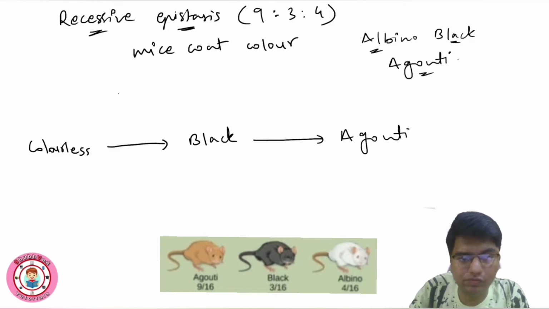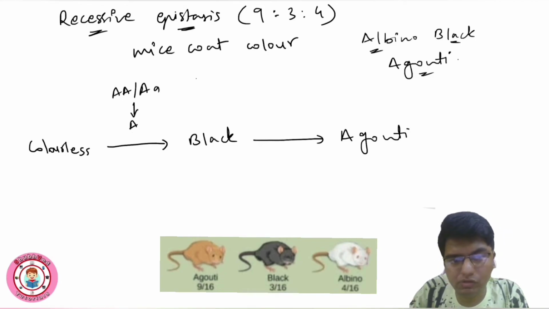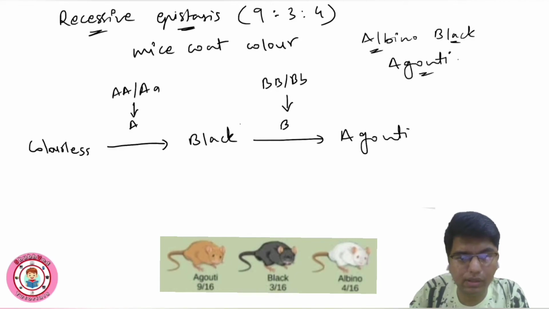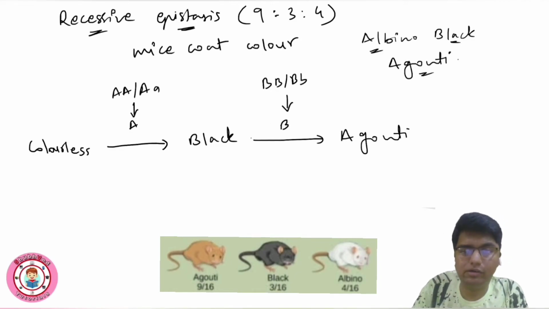So first, this gene product A is responsible for colorless to black. Again, the B gene will give B product that is responsible for black to agouti.